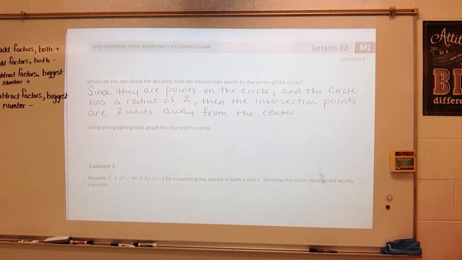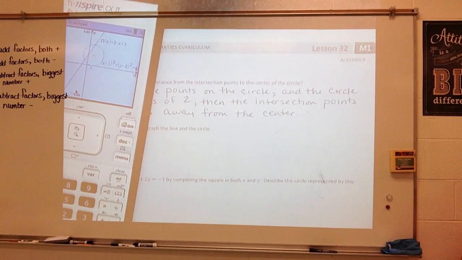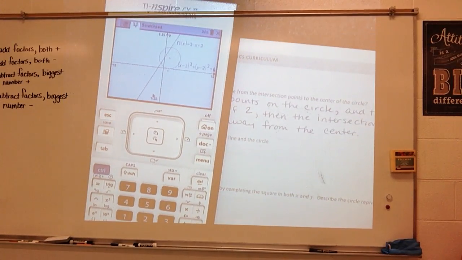And hit enter, and then we've got a circle, so we're going to graph a relation of x minus 1 squared plus y minus 2 squared is equal to 4. And here is my graph. This is what it looks like.